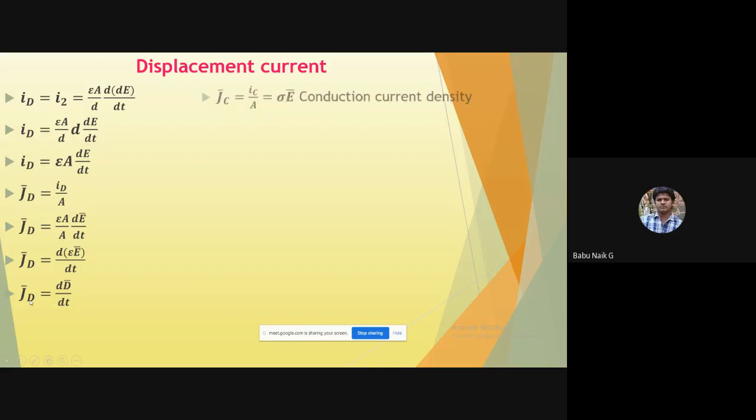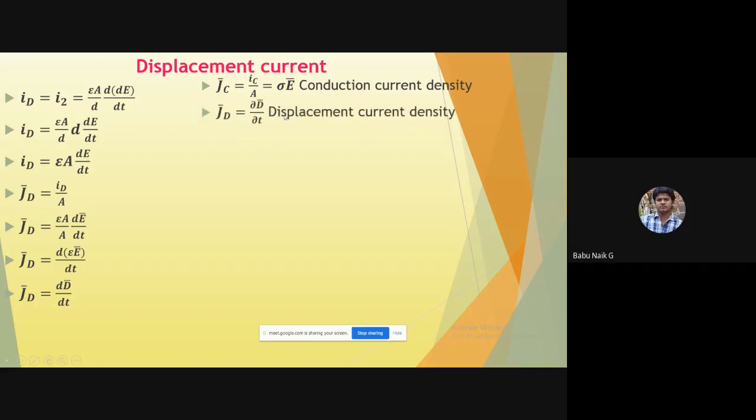Now we can write the conduction current density as IC by A, that is JC, and the displacement current density as JD equal to dou D bar by dou t. That is the rate of change with respect to time of the electric field created between the parallel plates. That is the displacement current density here.